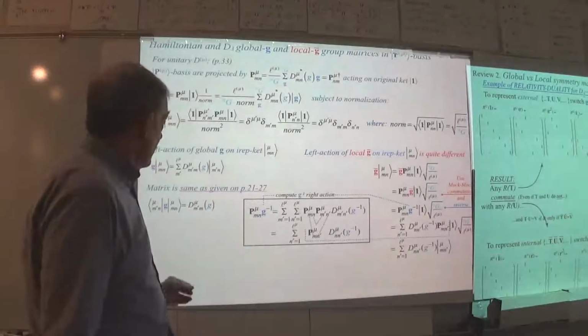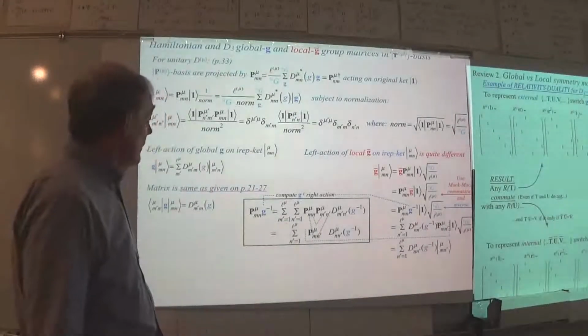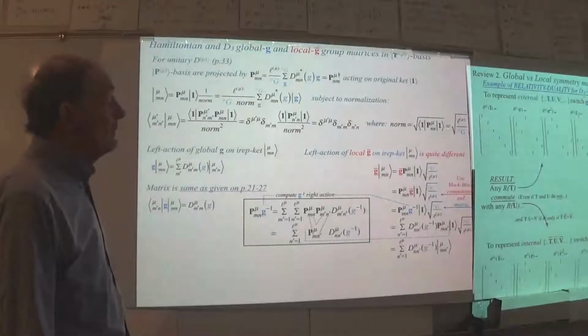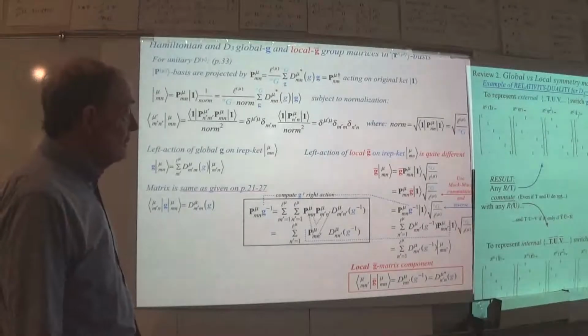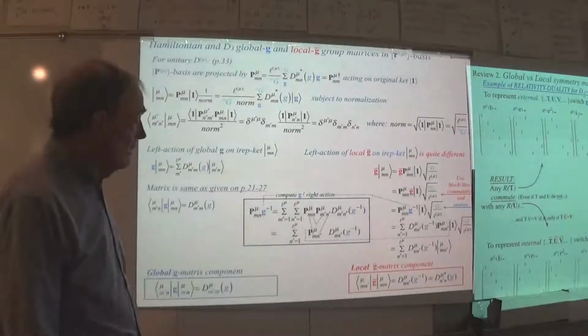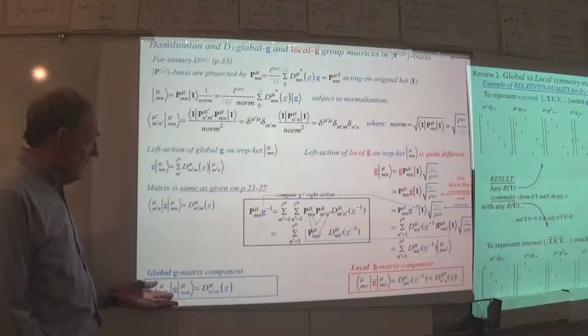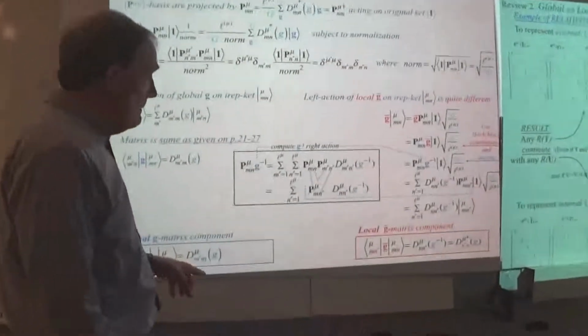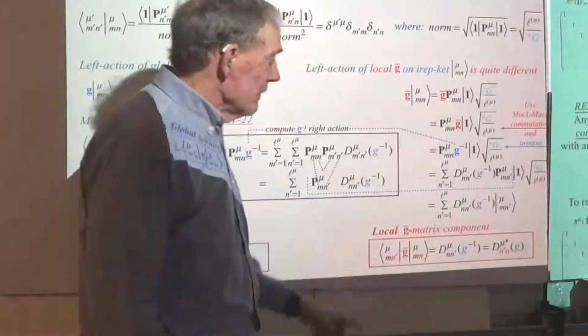So instead of what we had here, we get that. Very similar. It's a G inverse, and it's a sum over n's, not m's. Okay? So there's your local G matrix component. There's your global G matrix component. Pretty much the same, except for this one using the red indices, the n's.